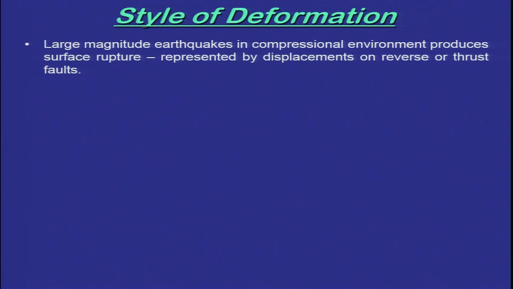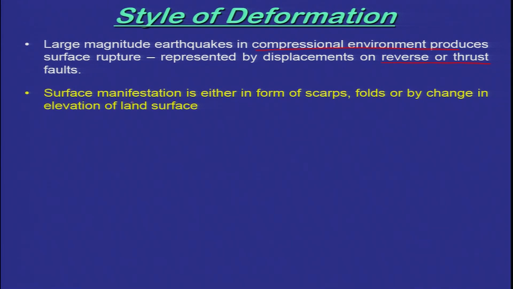So the style of deformation: large magnitude earthquakes in compressional tectonic environment produce surface rupture represented by displacement on reverse or thrust faults. This part you will have to remember, that in compressional tectonic environment mostly we are going to see displacement along the reverse and thrust faults. Surface manifestation is either in the form of scarps, folds, or by change in elevation of the land surface.